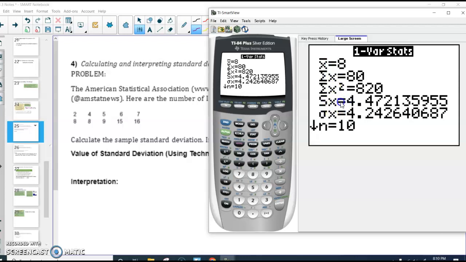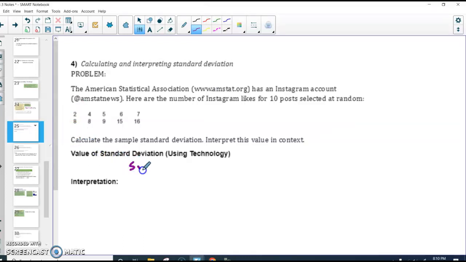We're going to talk about the standard deviation of x. Okay? Whenever you see S of x symbolically, S of x is always going to be your sample standard deviation. Okay? And in this case, your sample standard deviation, S of x, was 4.47.